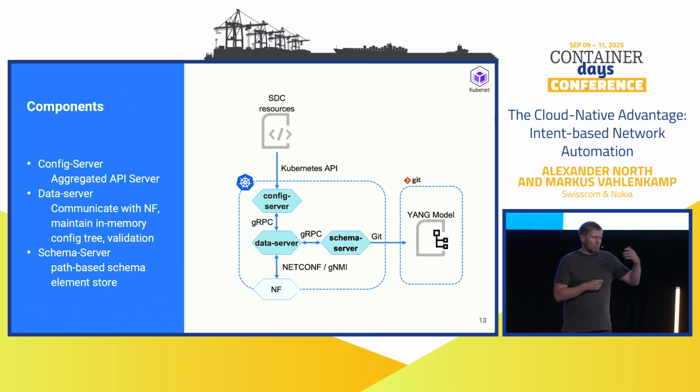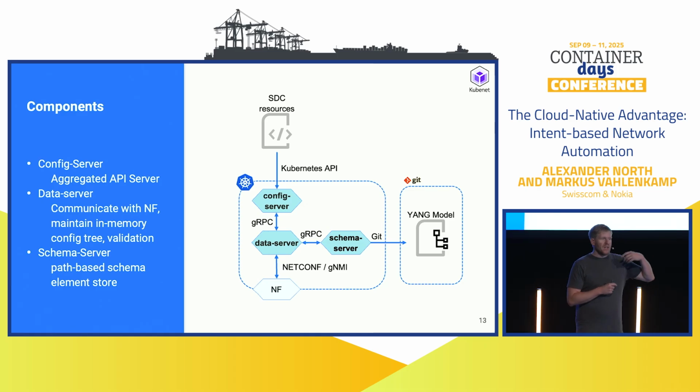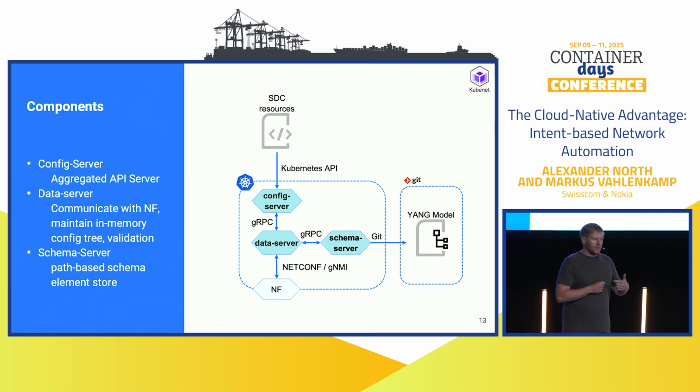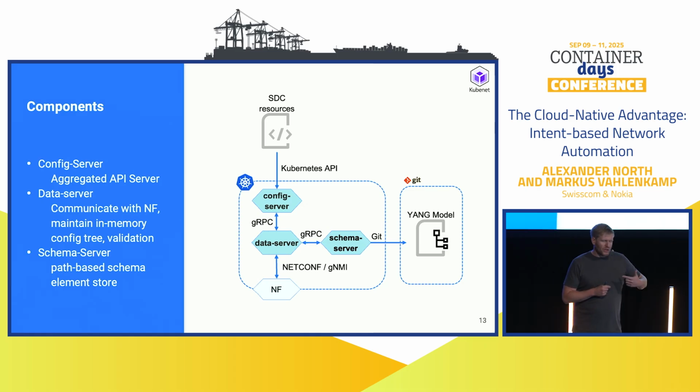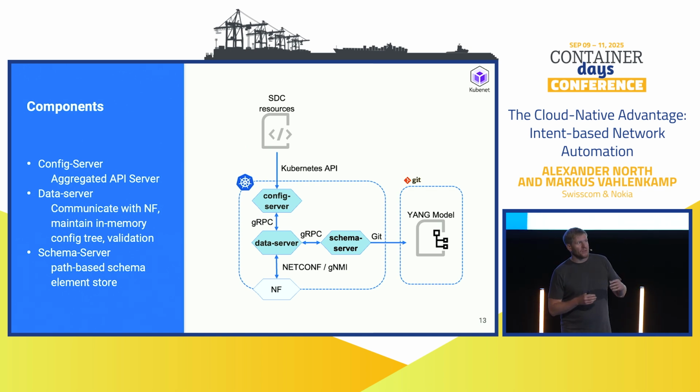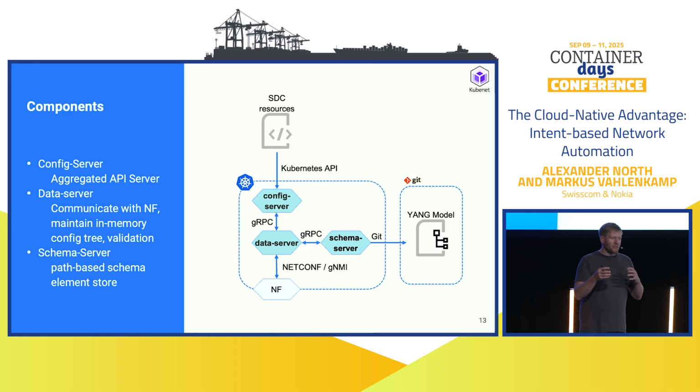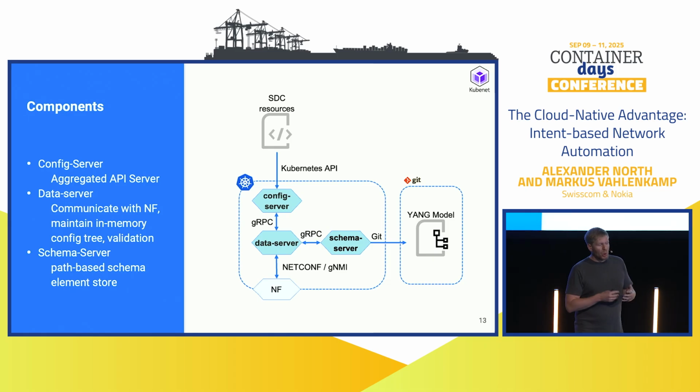It is building a tree with all this information included, and trying to figure out the expected state and the difference between the running and the expected state. The difference is then later on pushed to the network function.